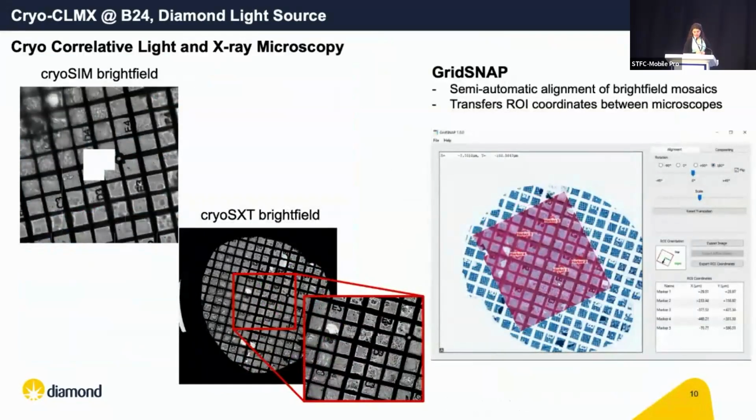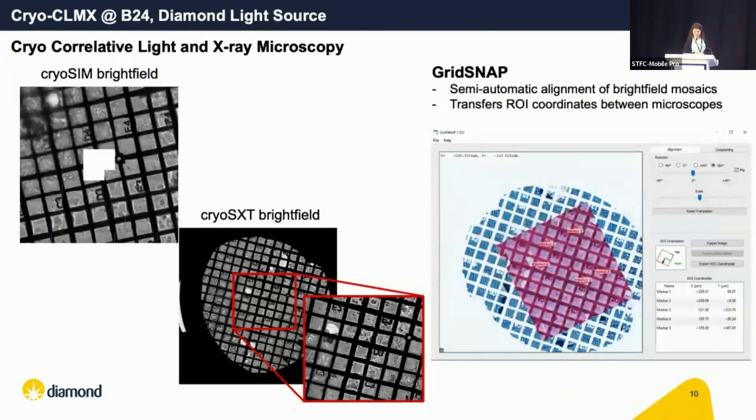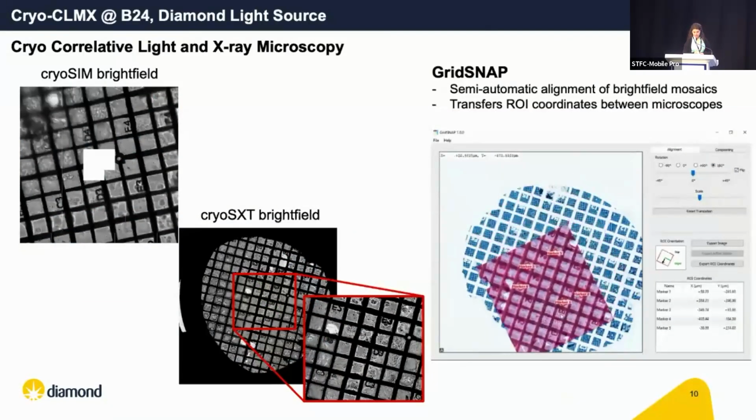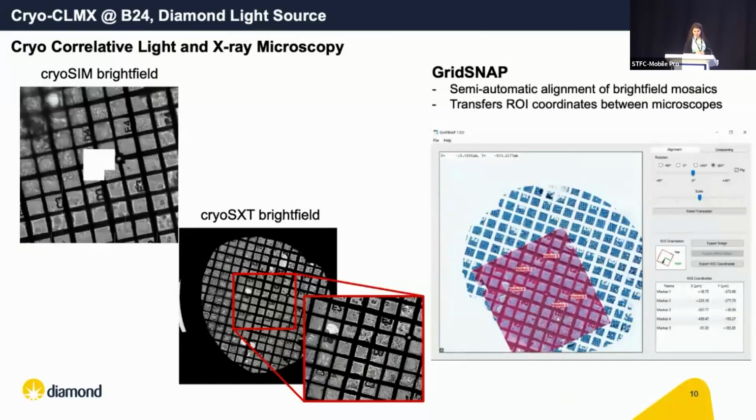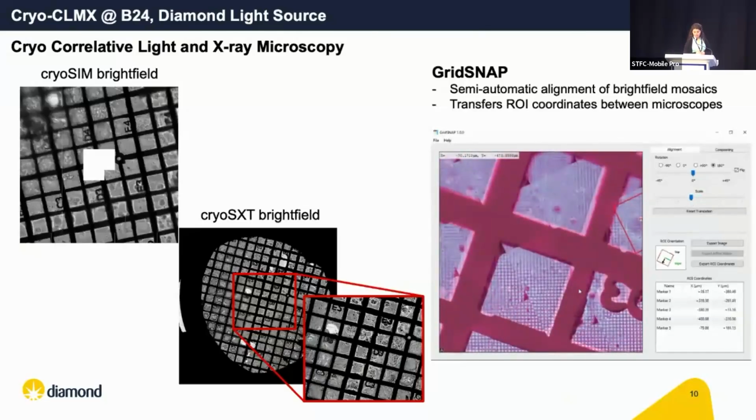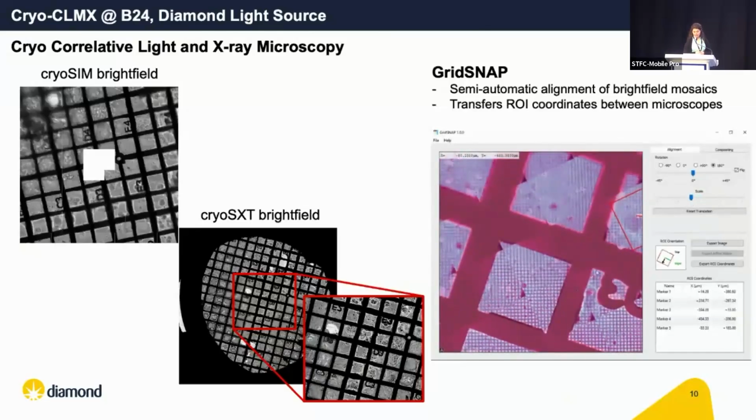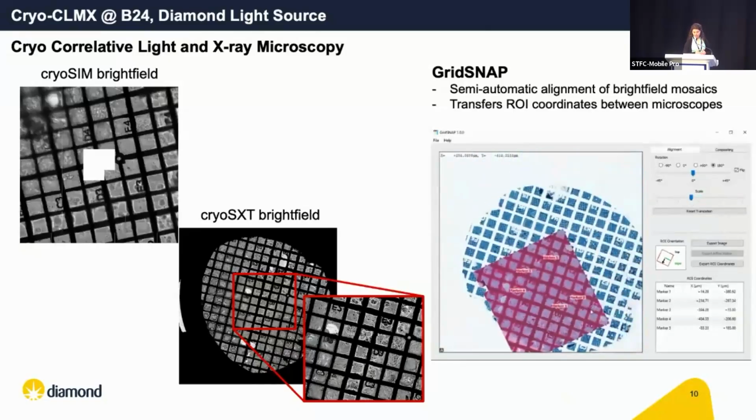The information coming from both microscopes can be correlated. In the first place, we can do this using a software that has been developed on the Beamline and on the fly before starting the X-ray data acquisition, and this can bring to understand the position of the area of interest in the cryo-sim directly on the soft X-ray microscopes.